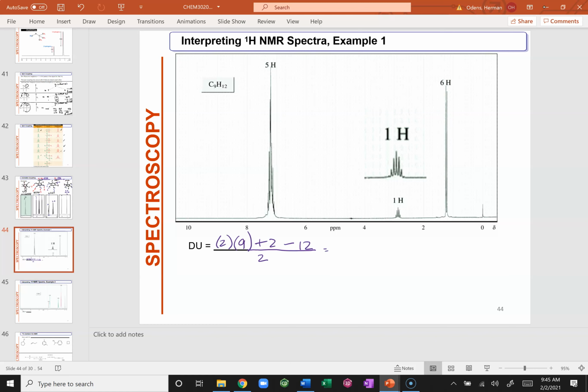So what do I have here? 18 plus 2 is 20. 20 minus 12 is 8. 8 divided by 2 is 4. So I have 4. The moment that you have 4, you're dealing with a benzene ring. If you have 5, then you have a benzene ring plus another unsaturation.